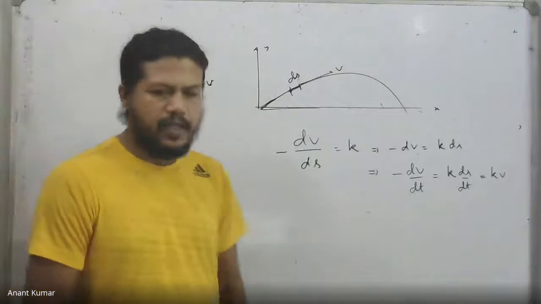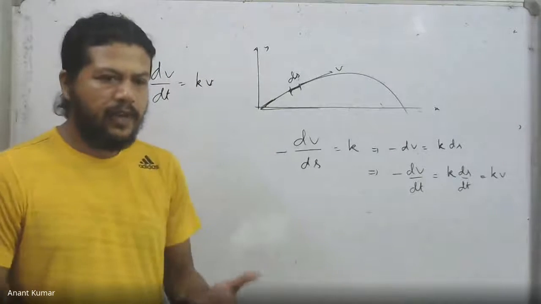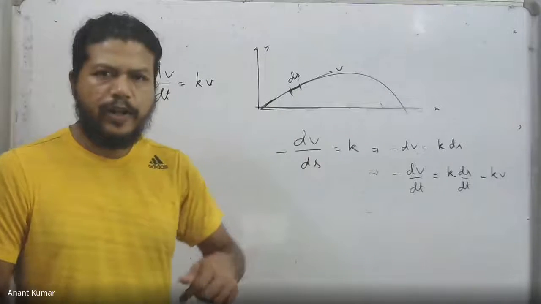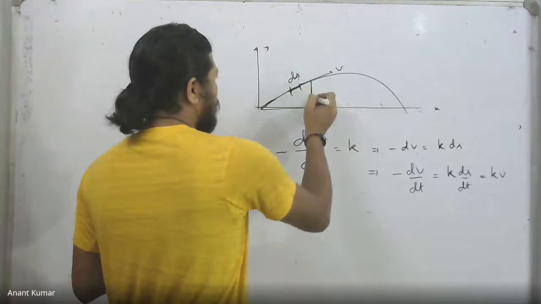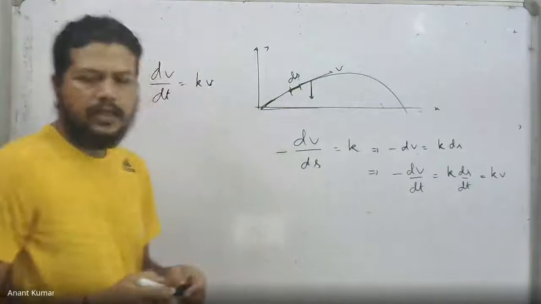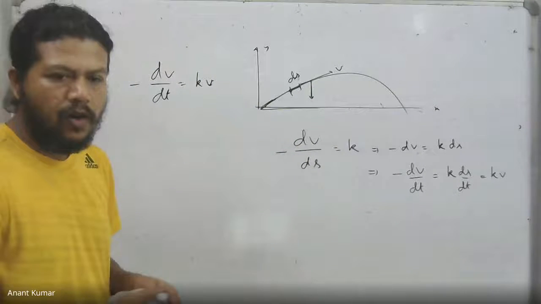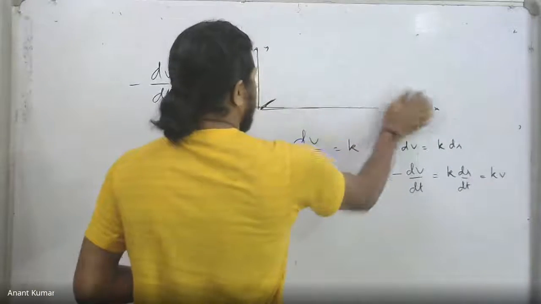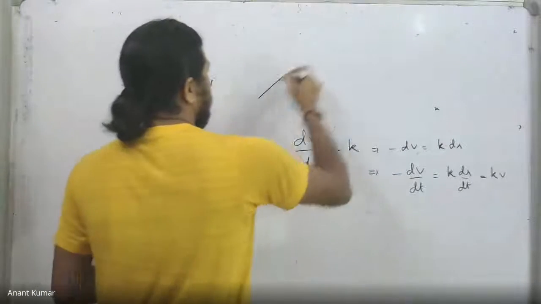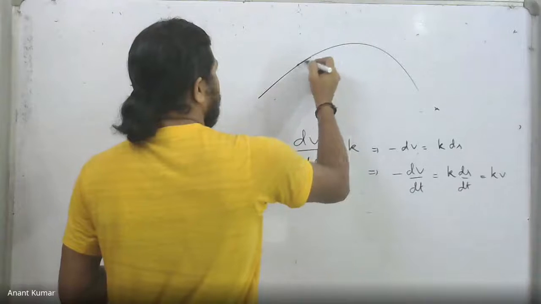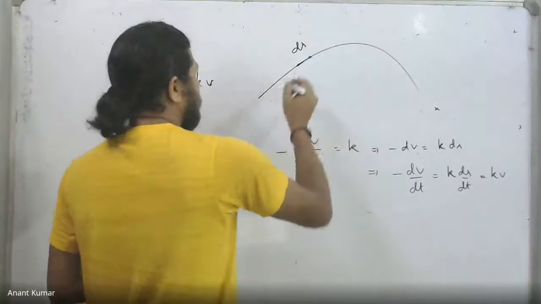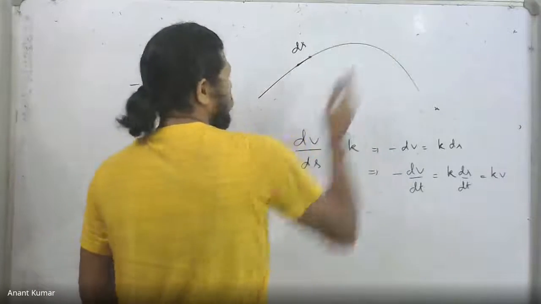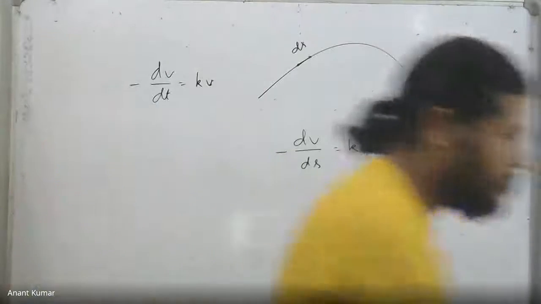Now, if I look at this carefully, there are two accelerations. Basically, we have gravity as well. Gravity is pointing down, but as you can see in this case, this has no effect along the horizontal direction. If I look at a tiny path over this region, which is a very small distance ds, the velocity is pointing that way along the tangent to the path.